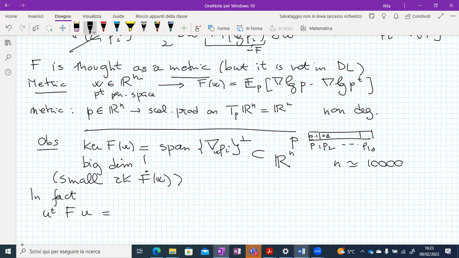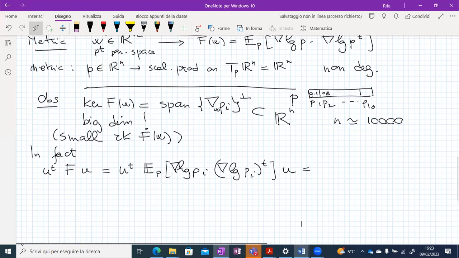So I don't write the parameter anymore. This is u transpose, and then you do the expected gradient of the logarithm of P_i, transpose, u.